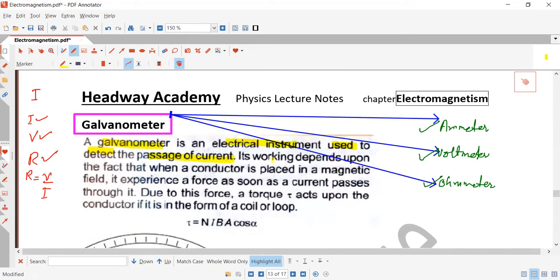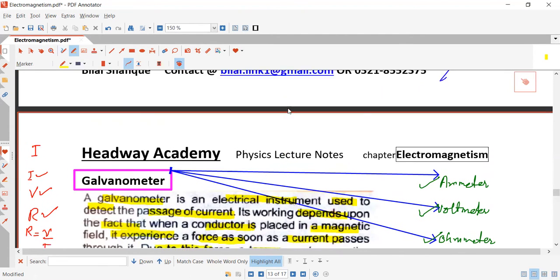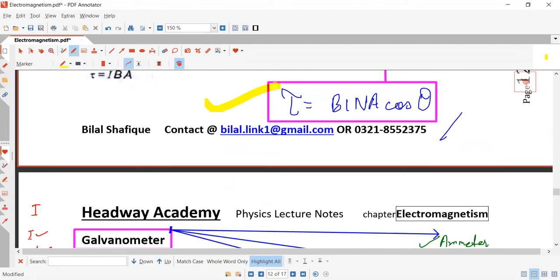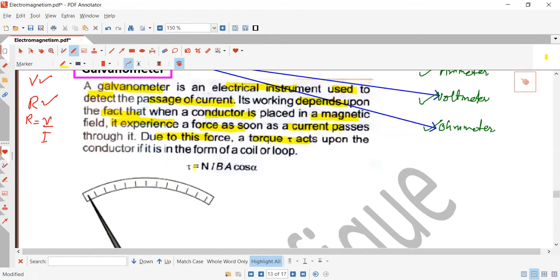Its working depends upon the fact that when a conductor is placed in the magnetic field, it experiences a force as current passes through it. So due to this force, a torque acts. This is the basic concept behind the construction of the galvanometer, right, students?